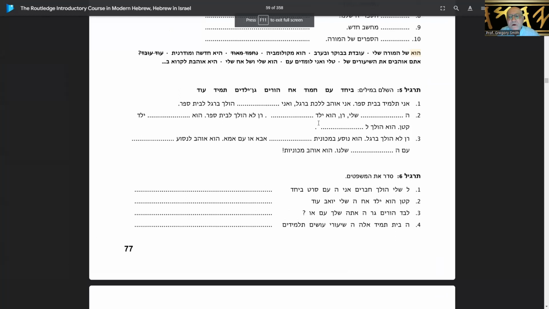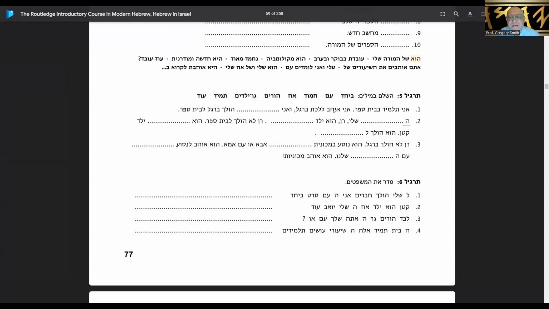Okay, so let's take a look at number 2. Ha something. So we know that it's going to be something that belongs, and look at this, shali. So it's ha something which belongs to me. So I'm thinking right away, the only thing that fits is horim, ha horim.